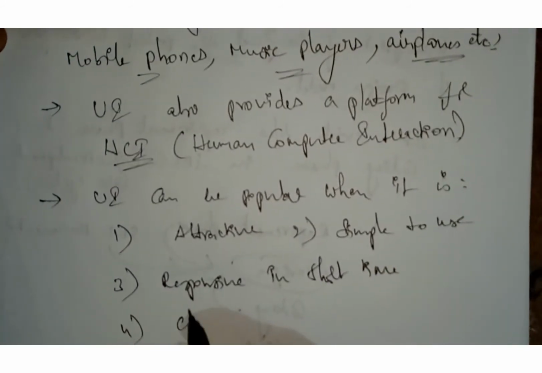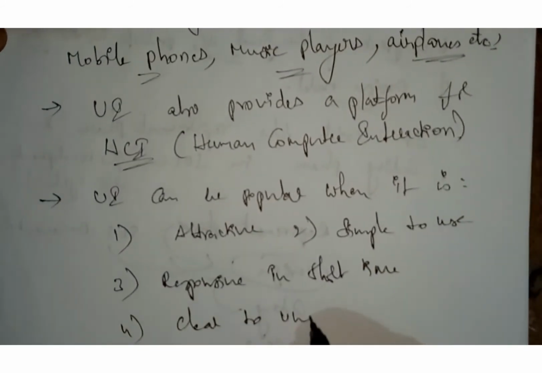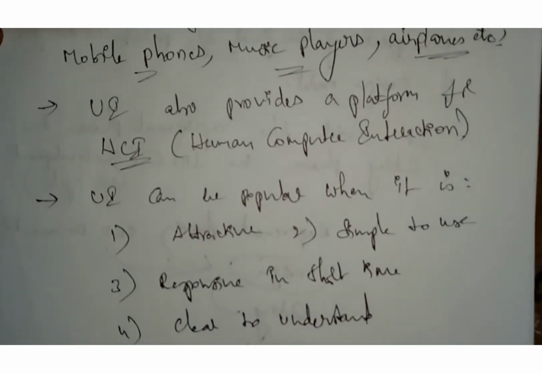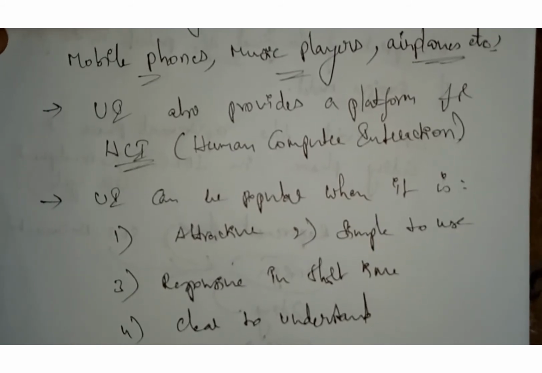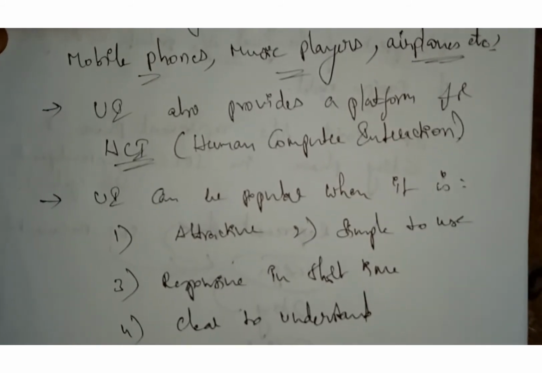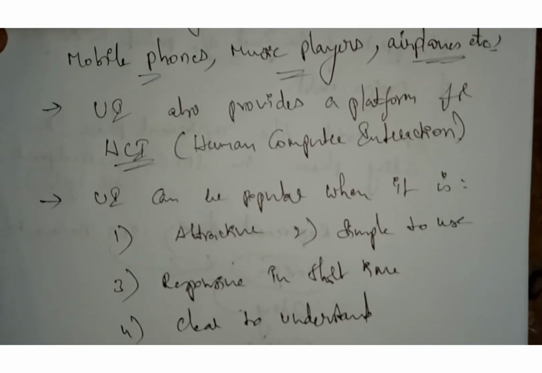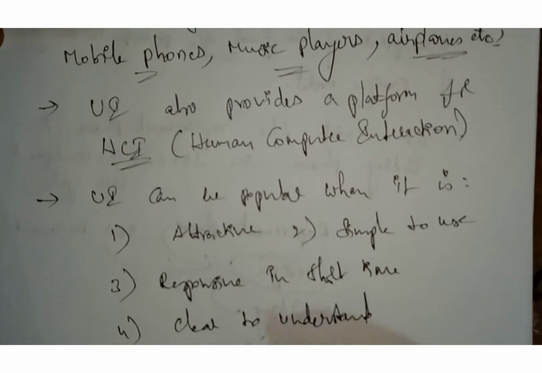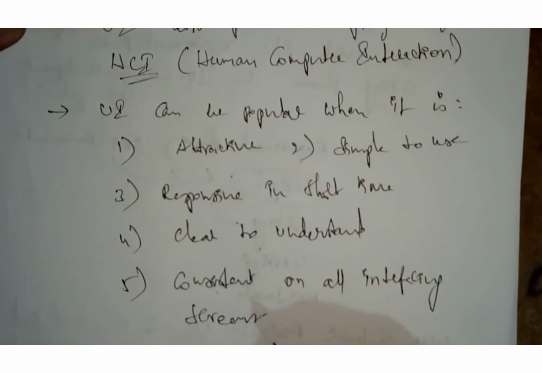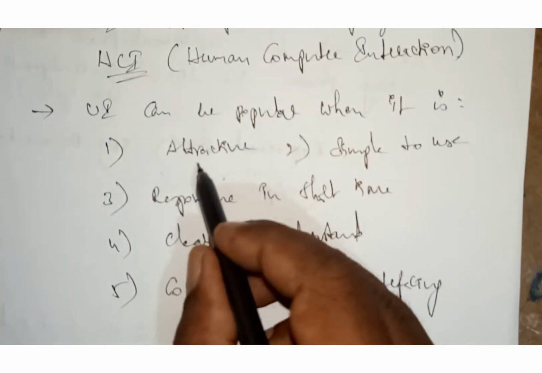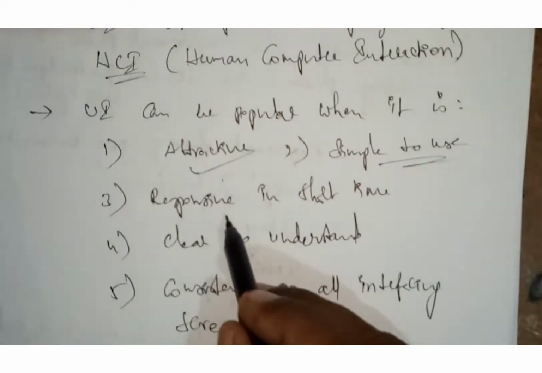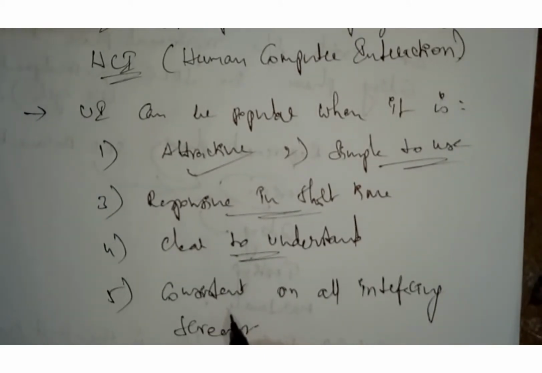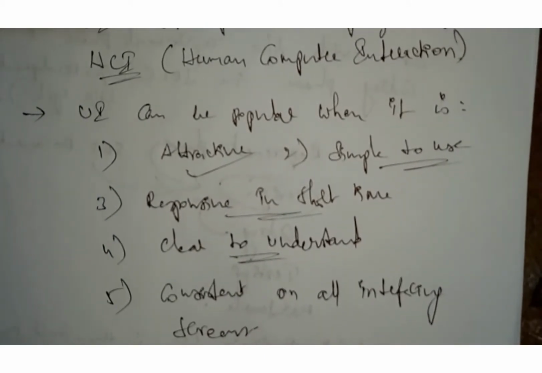It should be clear to understand, and it should be consistent on all interfacing screens. UI becomes popular when it is attractive, simple to use, responds in short time, is clear to understand, and is consistent on all the interfacing screens.